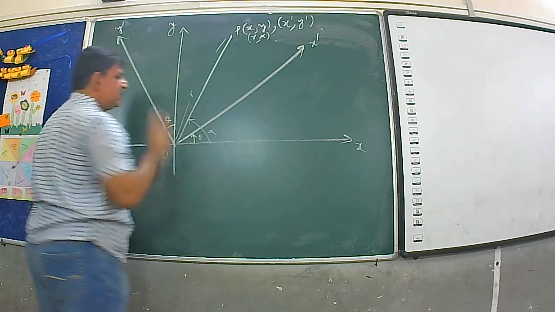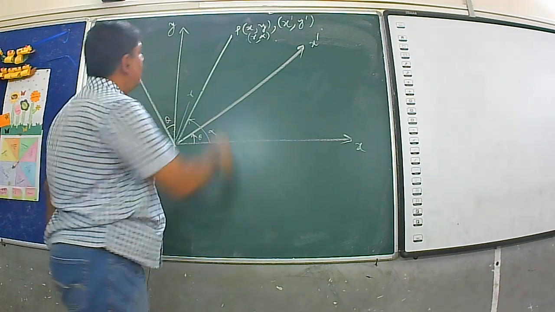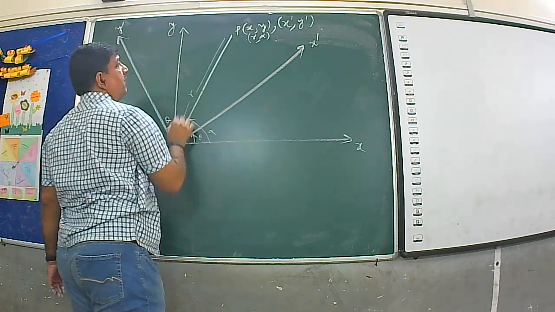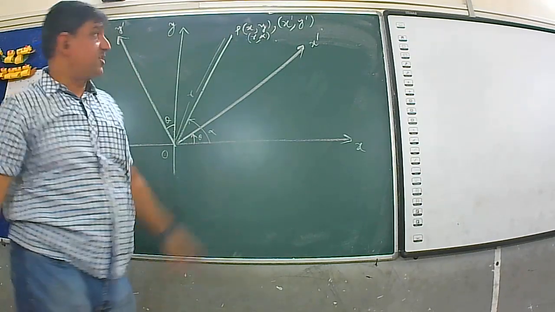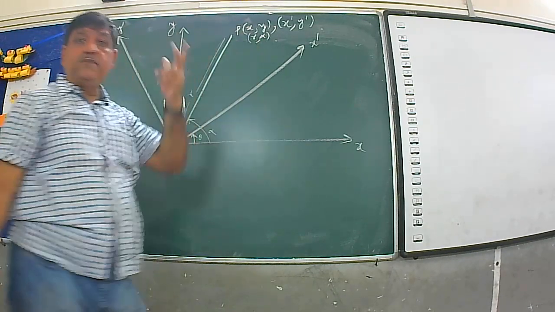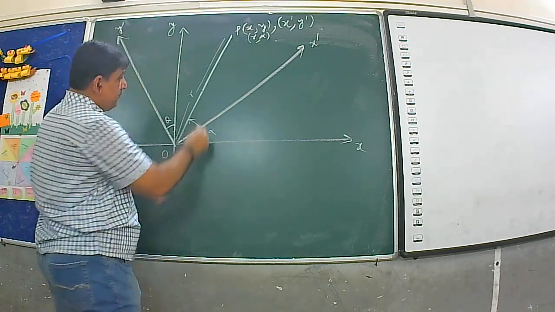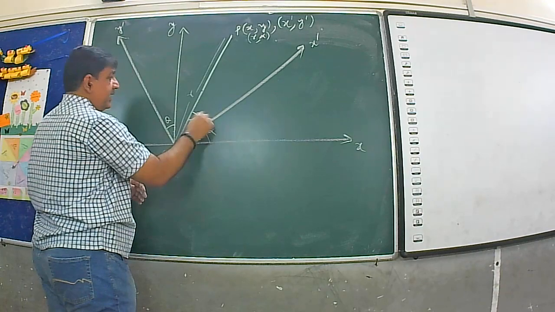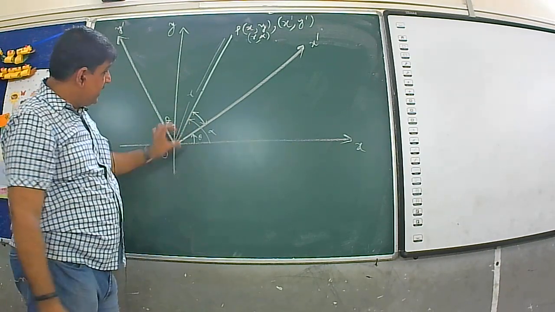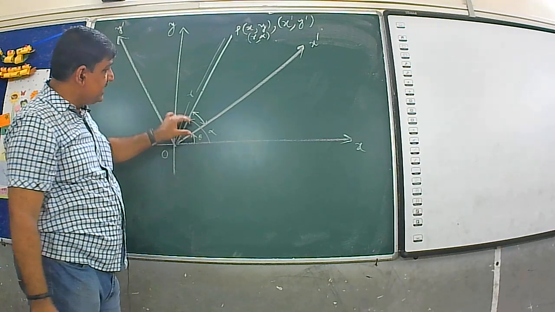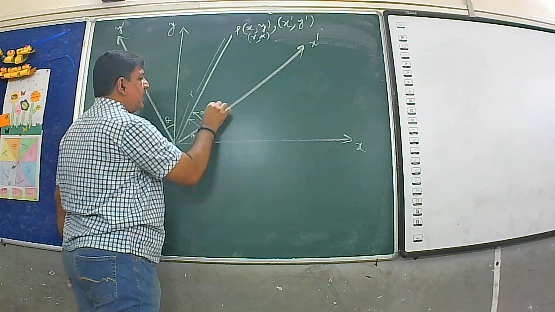It's simple. So r comma alpha are the polar coordinates of this point. Instead of x, y, we can write r comma alpha as we have discussed here. Now, can you tell me the measure of this angle? If you observe, if this angle is theta and this whole angle is alpha, then this angle will be alpha minus theta.